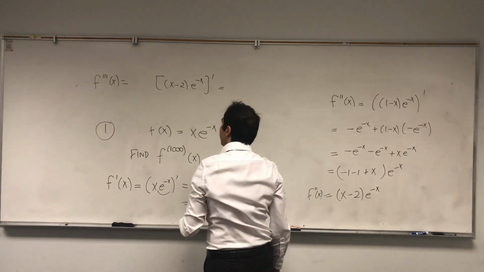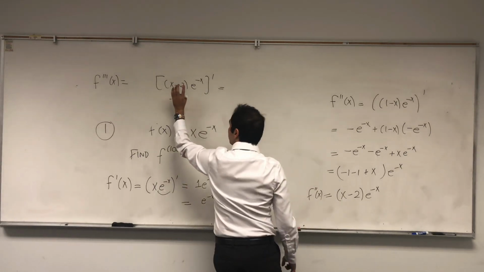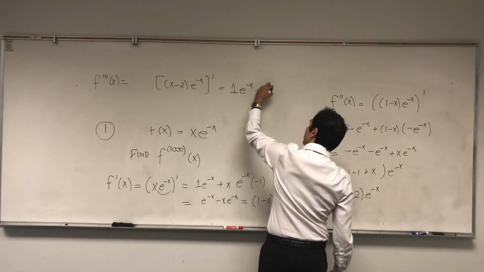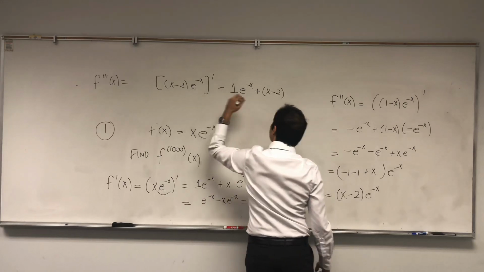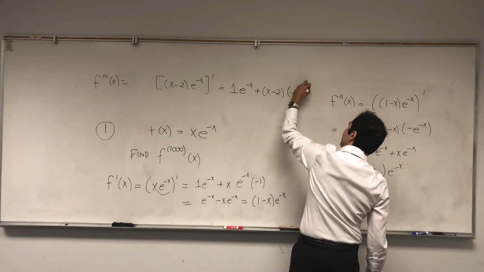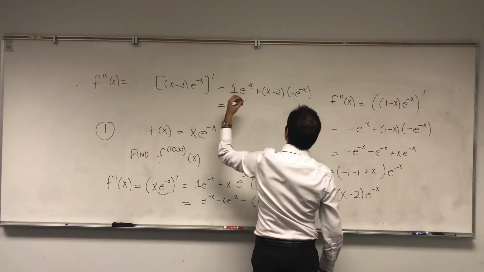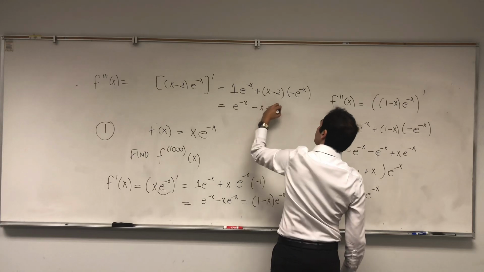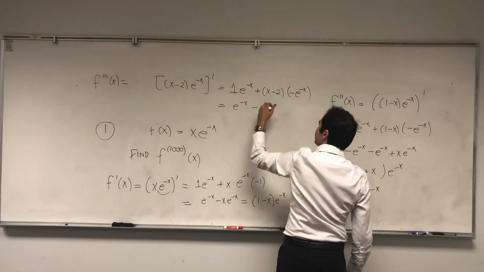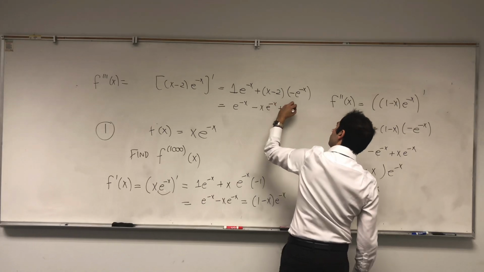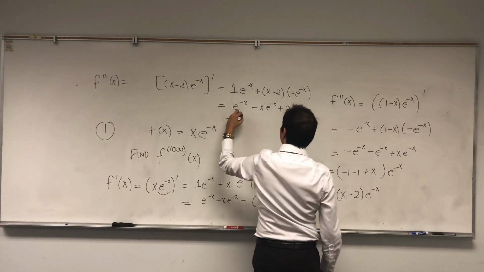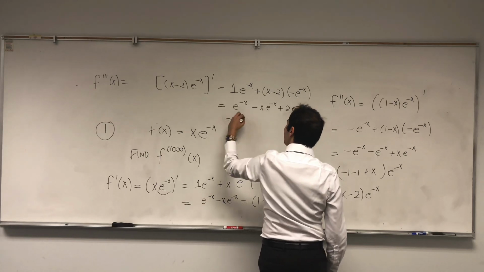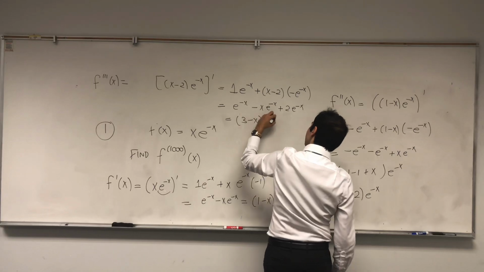Again, you use the product rule, so the derivative of this is 1 times e to the minus x, plus x minus 2 times the derivative of that, minus e to the minus x. So this becomes e to the minus x minus x e to the minus x plus 2 e to the minus x. And that becomes 1 minus x plus 2, which is 3 minus x, e to the minus x.